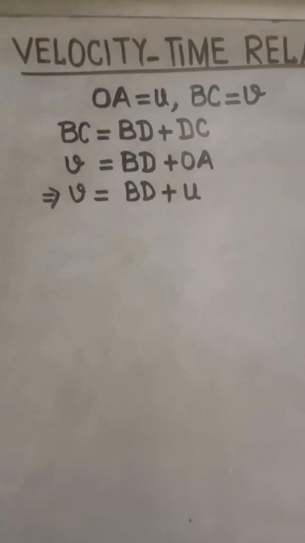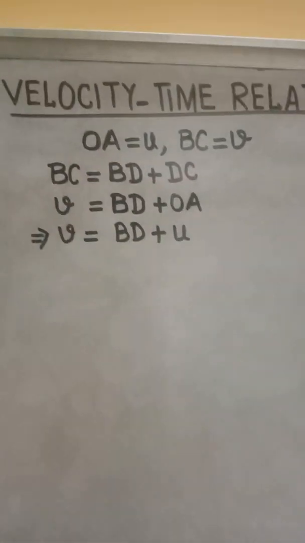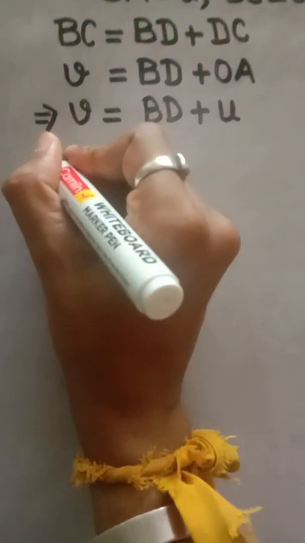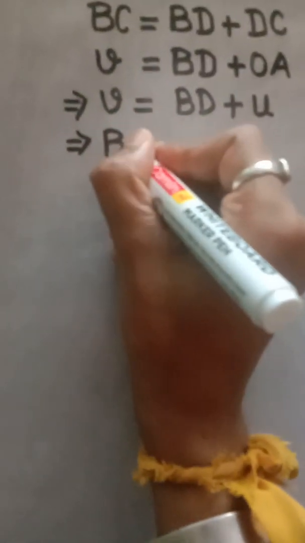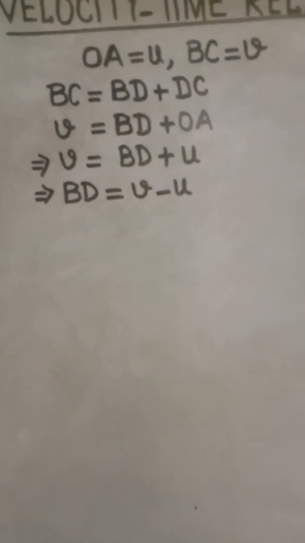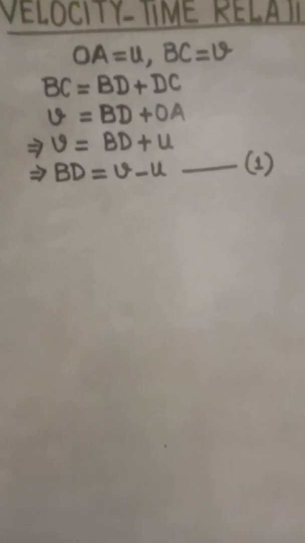I guess you understand why u, because OA is replaced with u. Finally, BD is equal to v minus u. This is the first part of the equation, let it be equation number 1.